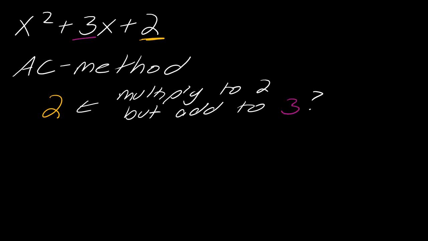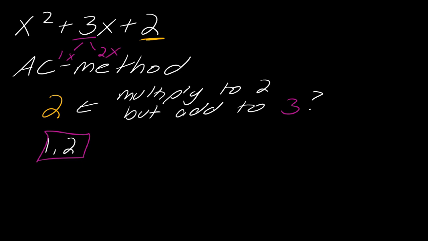We've already answered that question, but I'm going to show you what you do with the AC method. We already talked about that, that's a 1 and a 2. What we're going to do then is use these numbers to break up the 3. So this 3 is going to become a 1x and a 2x.